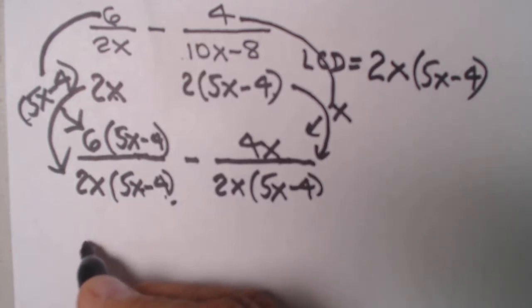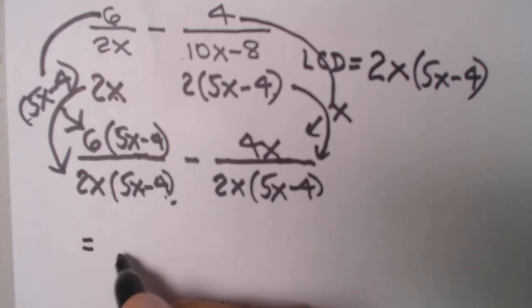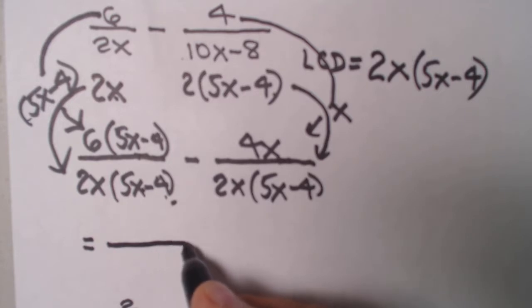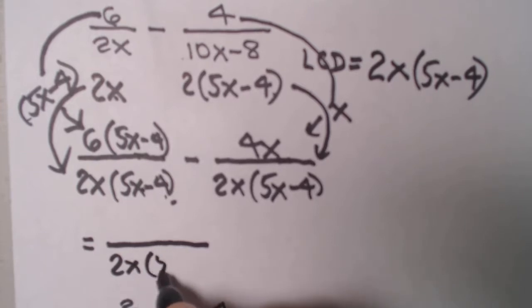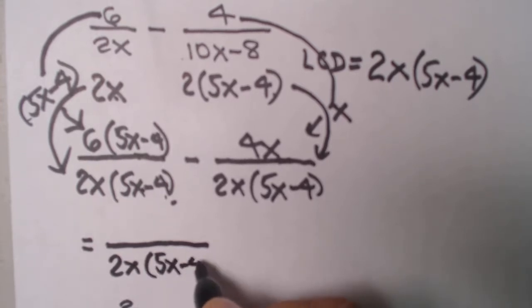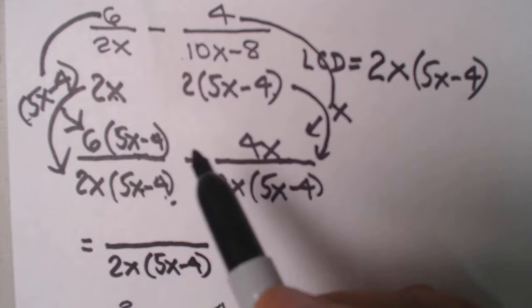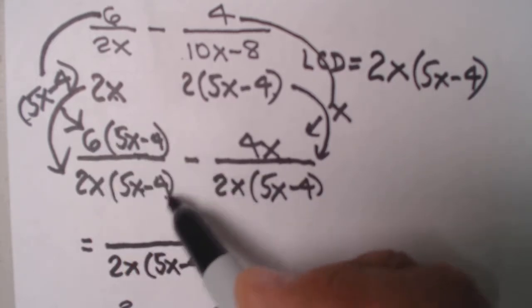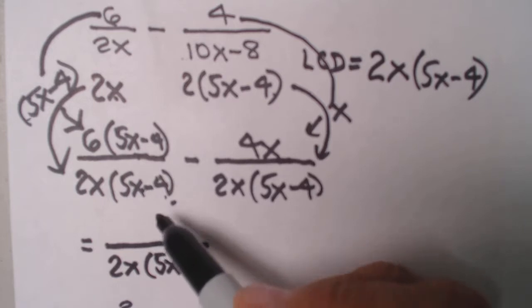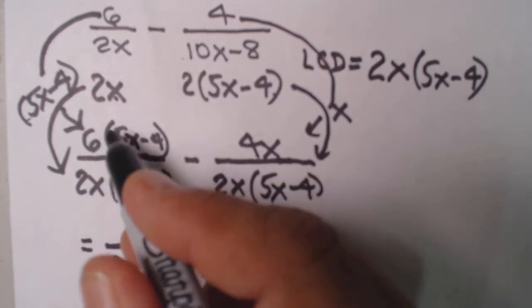Okay, well now, let's turn around and work on getting the final answer here. Remember, our common denominator here, the same for both, is 2x times 5x minus 4. Now, what we have to do is get the correct top for this fraction. And this is where you want to be careful.